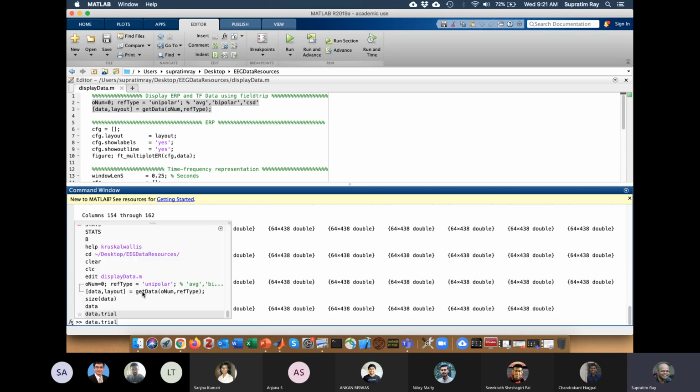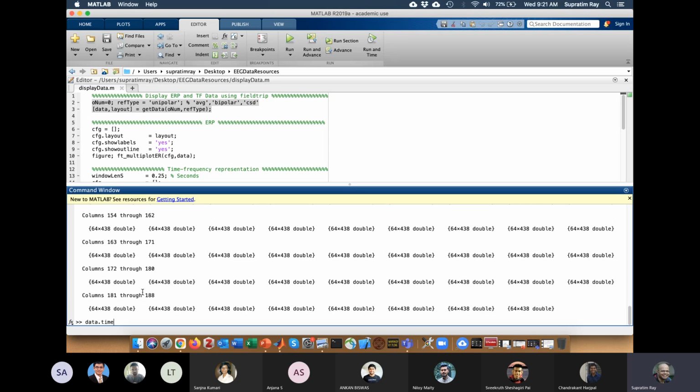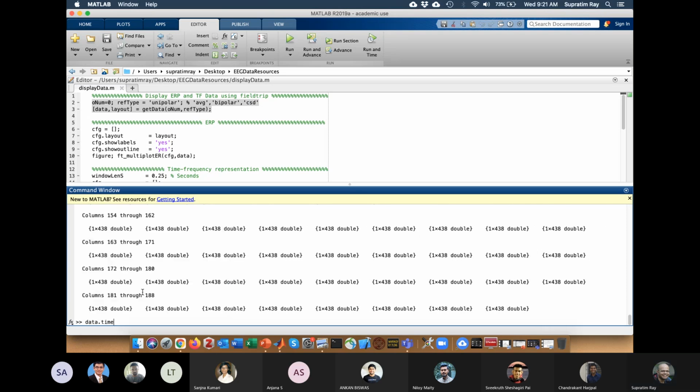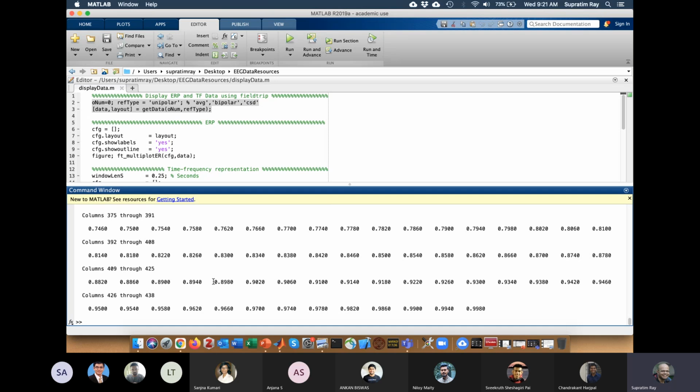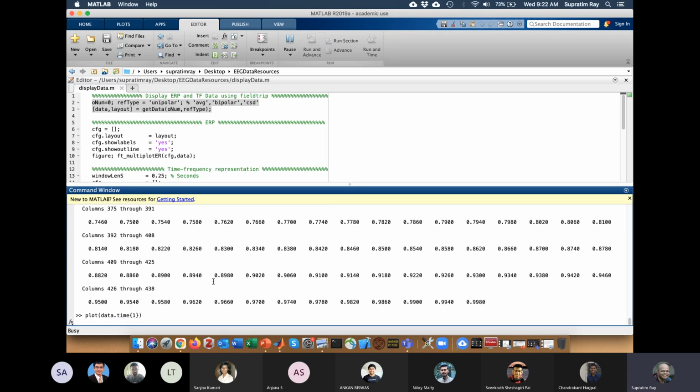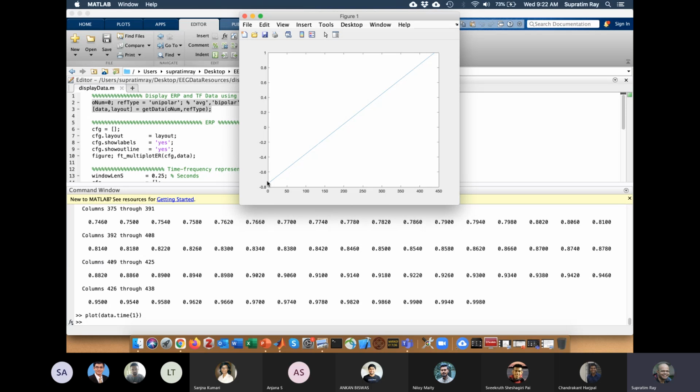They're all the same. The time here is from minus 0.7 to about 1. That's 438 data points. The sampling rate here is only 250 hertz, which is why there are fewer points.